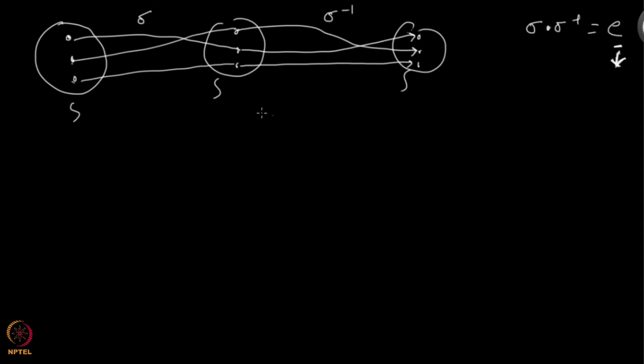So, we have a map E. Right now what I have said is that for each map sigma, there exists another map which we can call sigma inverse, which when you multiply with sigma gives you the map E, the identity map. An identity map is the map which maps each element to itself.